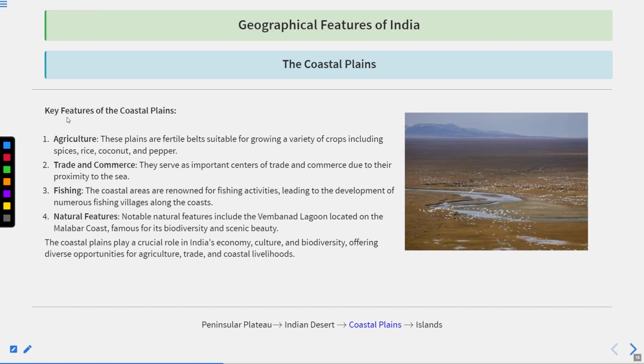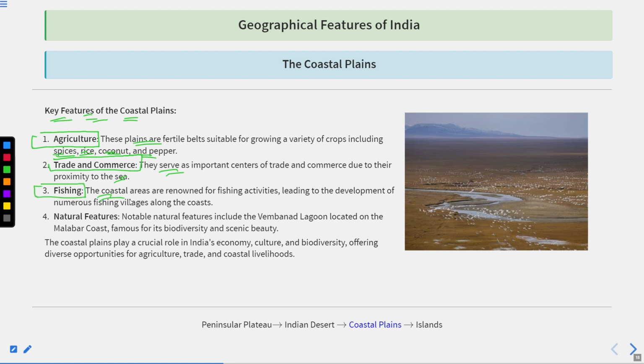Thereafter, the key features of the coastal plains. The first is agriculture. These plains have fertile belts suitable for growing a variety of crops, including spices, rice, coconut, and pepper. Then trade and commerce. They serve as important centers of trade and commerce due to their proximity to the sea. Then fishing.